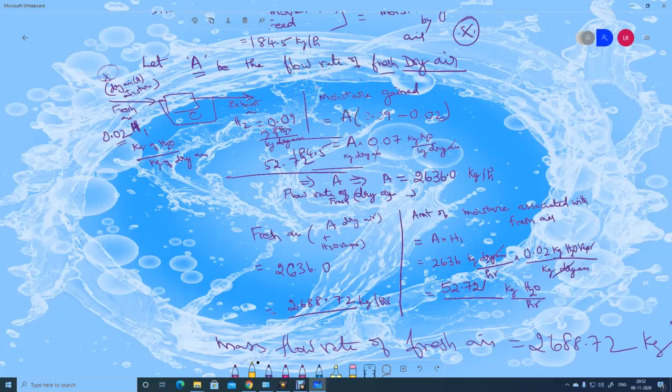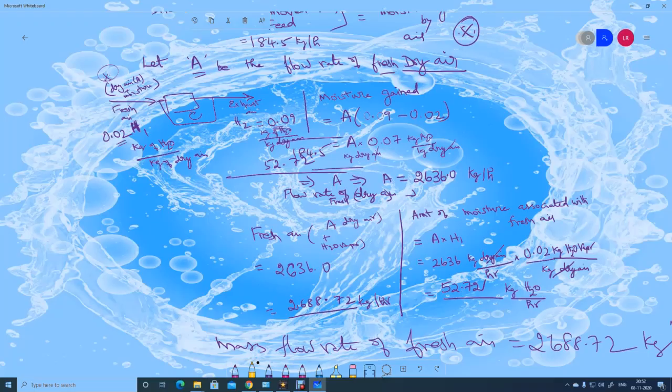So we get the A value as 2636 kg per hour. That is the amount of fresh dry air entering. If we know the fresh dry air, we can find the fresh air, because we know the moisture associated with it. A into H1 is 2636 into 0.02, which is 52.72.